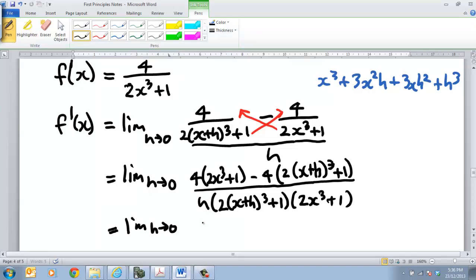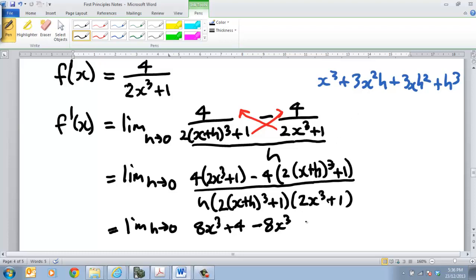Now, expand that through, that's going to become 8x cubed, plus 4. Okay, you've got to put it through both terms. Now, I could combine that to go 4 times 2. That's going to give me 8, isn't it? So 8 times 8x cubed. Now I've got to times that by 3, don't I?